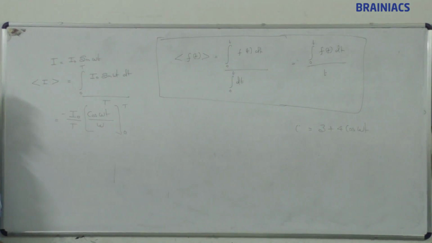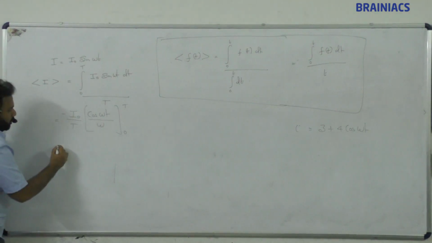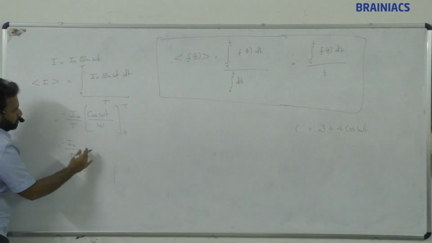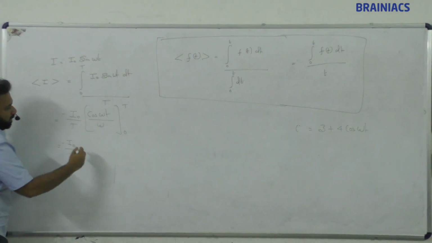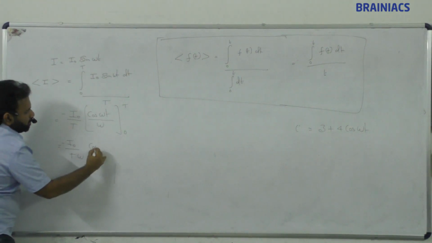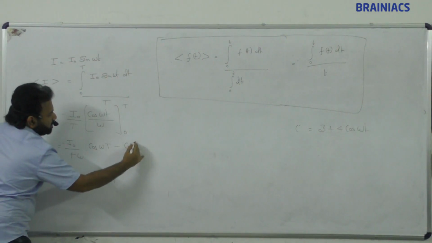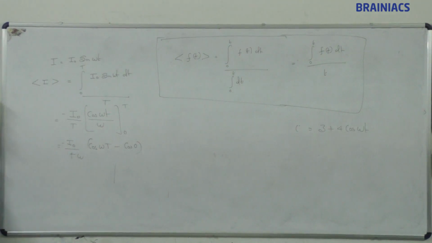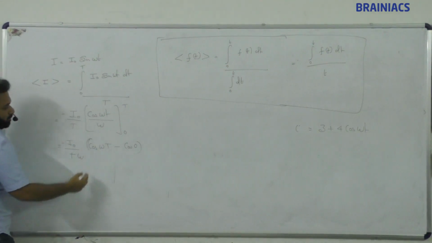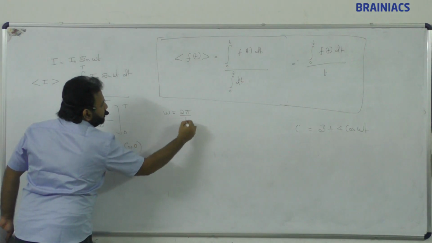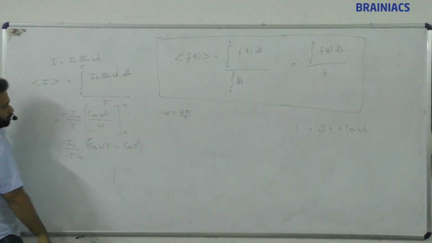Correct or what? So when we do this, what are we getting? Omega, we will take it out. This is cos omega t minus cos 0.